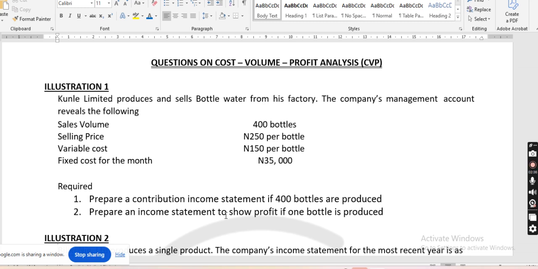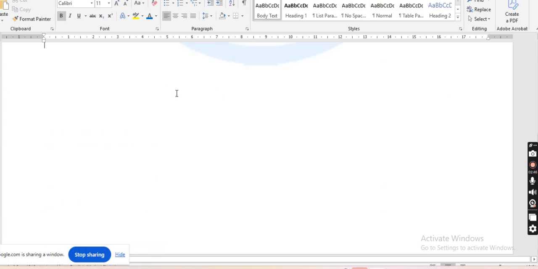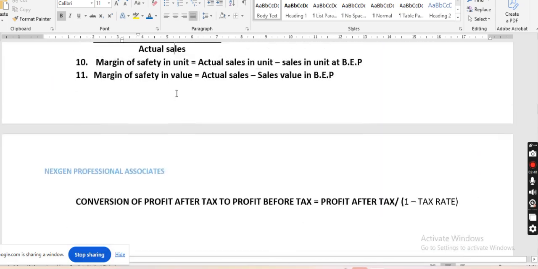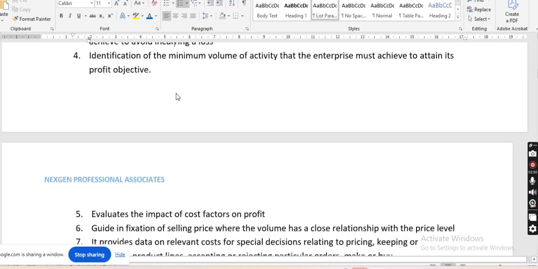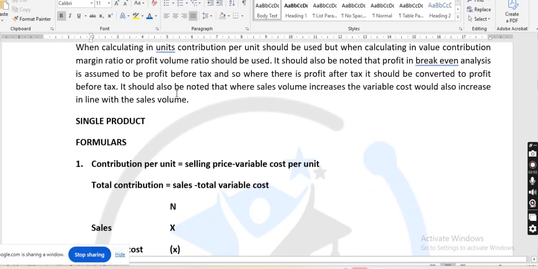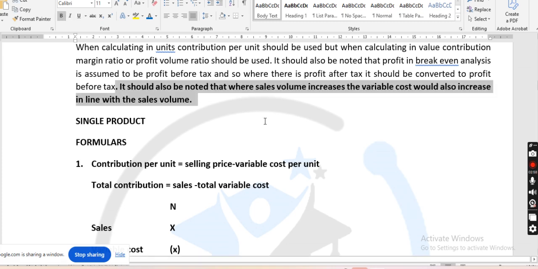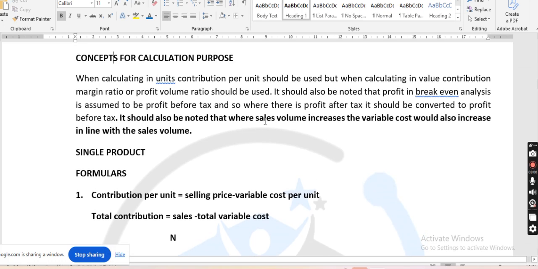The company's management account reveals the following. Let me go back to the last paragraph here and show it in full so that you can write.